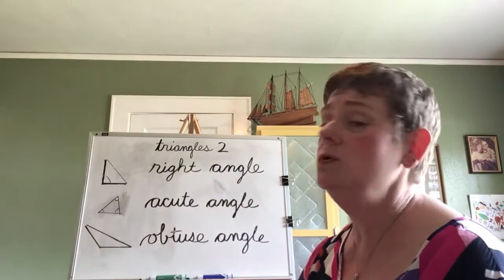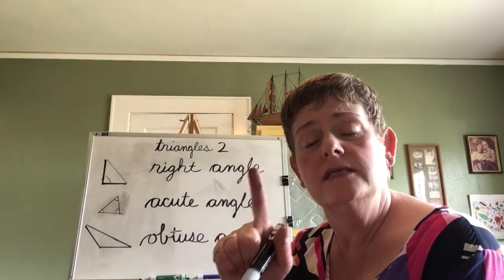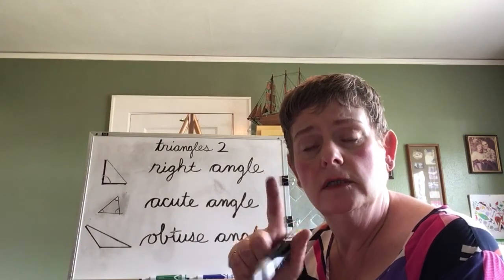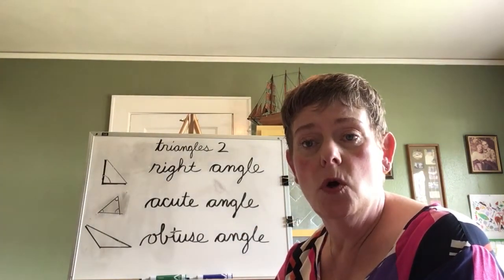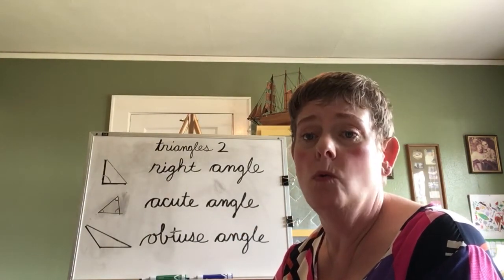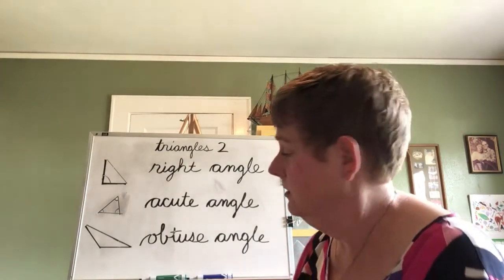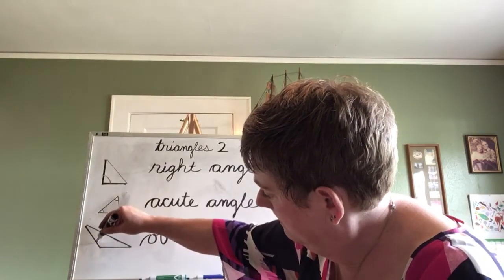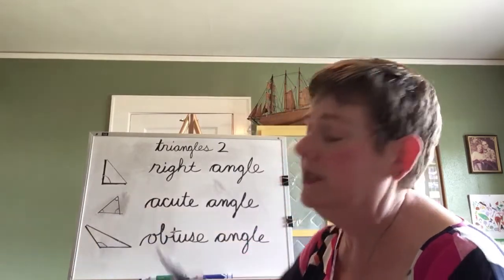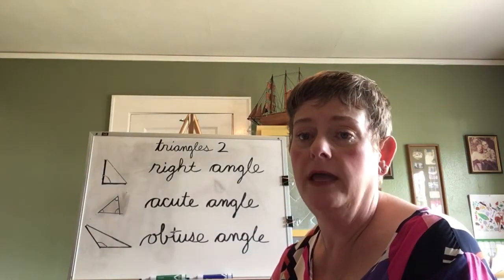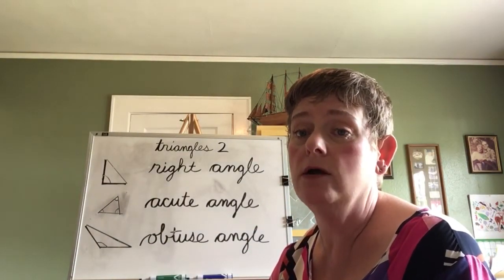And an obtuse angled triangle only has to have one angle that is obtuse or broader, wider than a right angle. And here it is. Only one angle has to be that way for it to be an obtuse angled triangle.